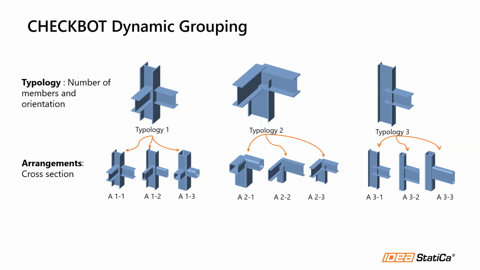And then the arrangements are the second level of groups, which are defined from typologies, and they are defined by cross-section type. You can see an example in this slide of how the groups are defined. From these arrangements, the groups are defined in Checkbot. So those groups will be the base for the batch design.